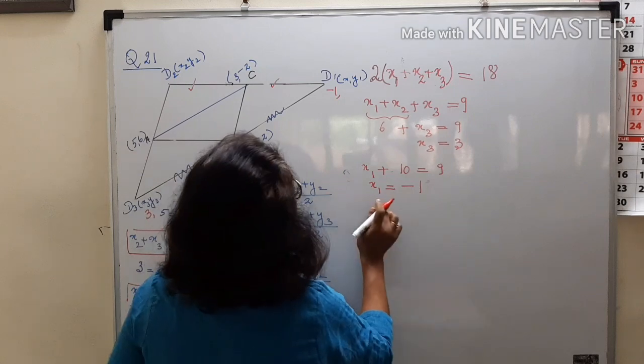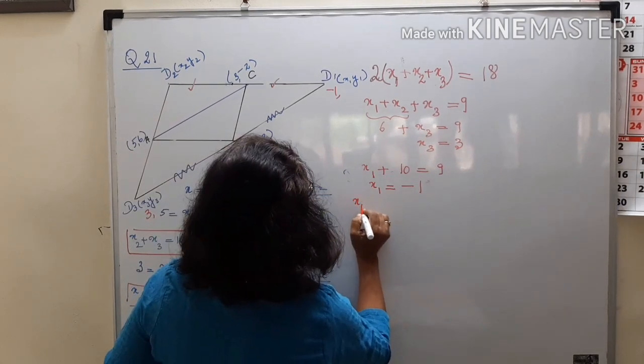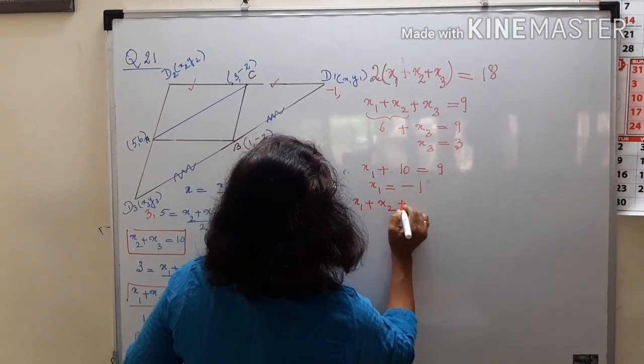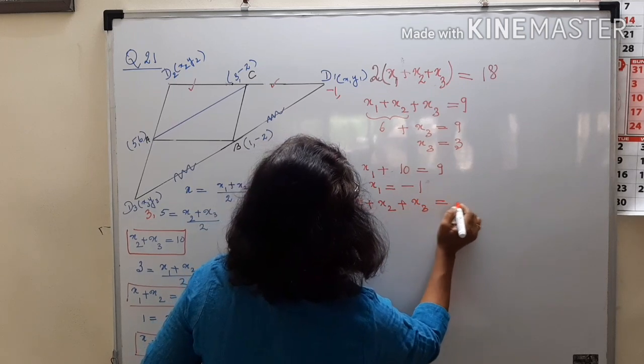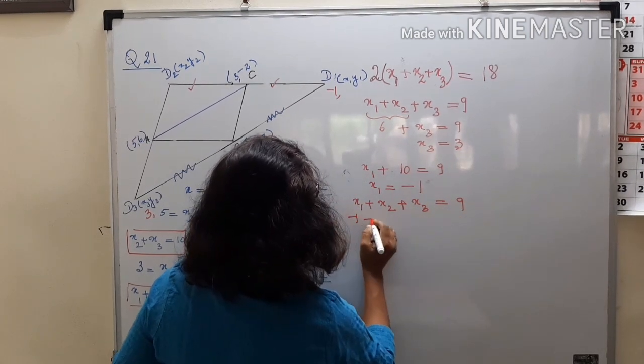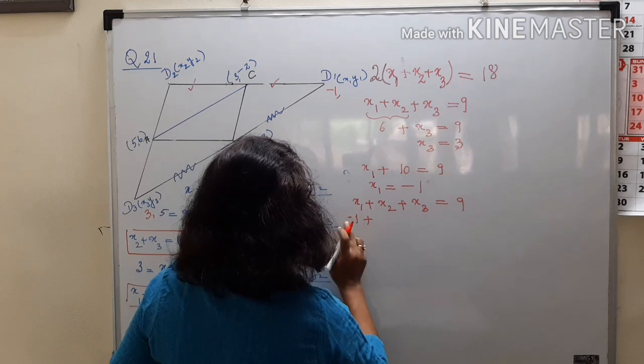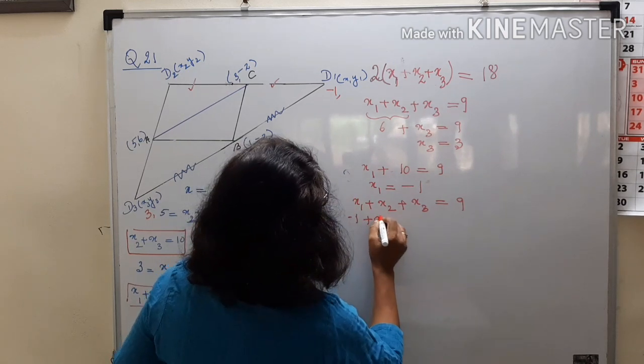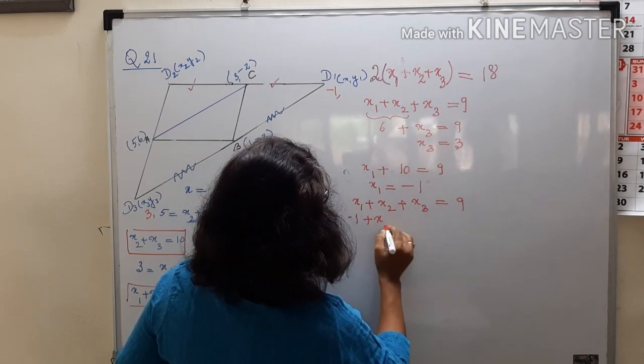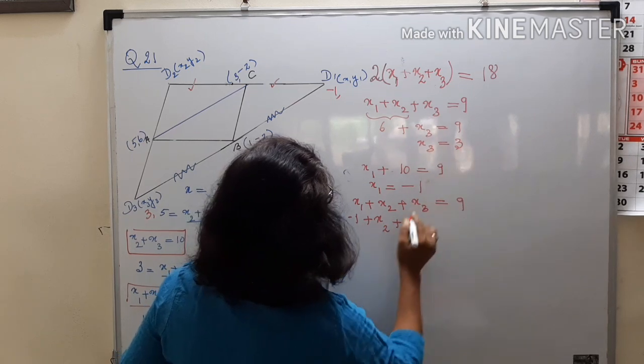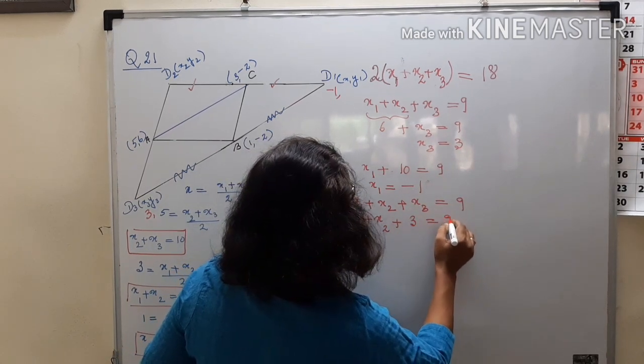What is x2? I have the value of x1. See, x1 plus x2 plus x3 is 9. x1 is negative 1. x2 is unknown to us right now. And x3 is 3. Total 9.